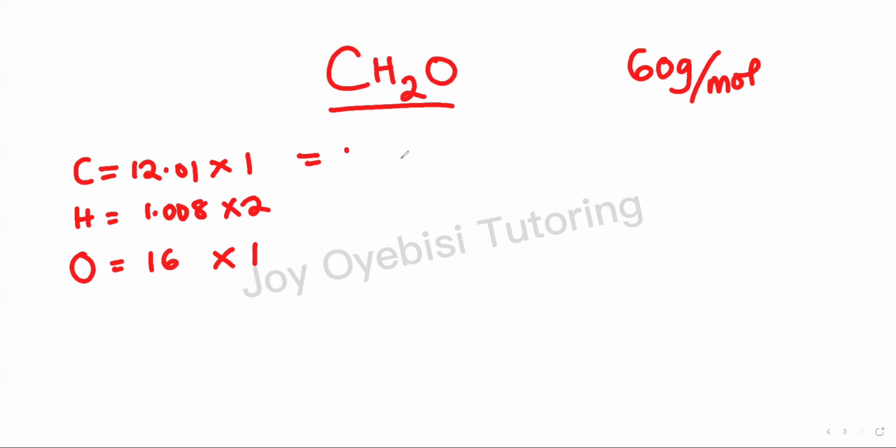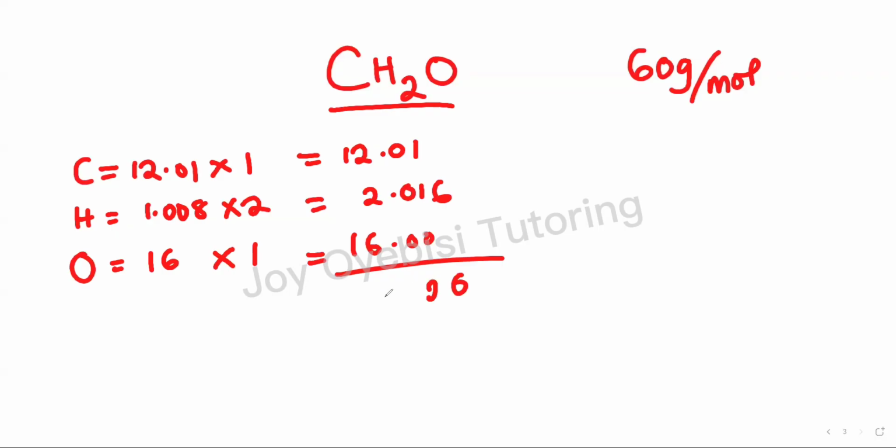Now carbon gives us 12.01, hydrogen is 2.016, and oxygen is 16. Then we sum them up. That will give us 30.026 grams per mole.